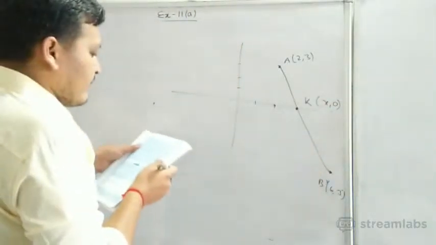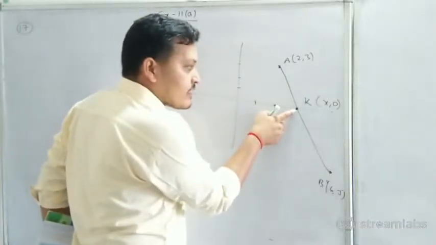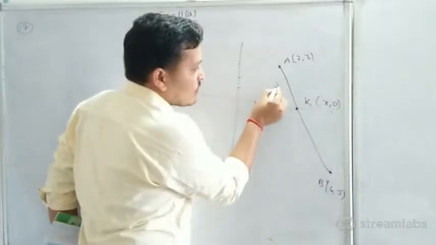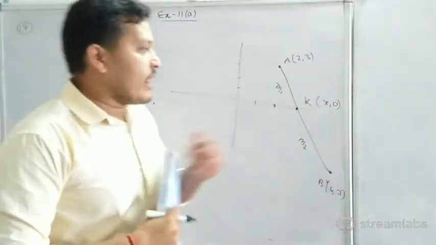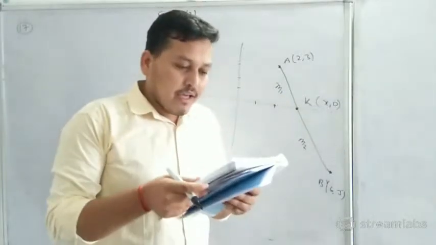Hence find the ratio in which K divides AB, such that this part is M1 and this part is M2.